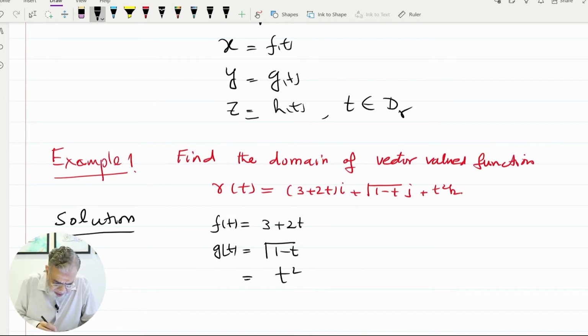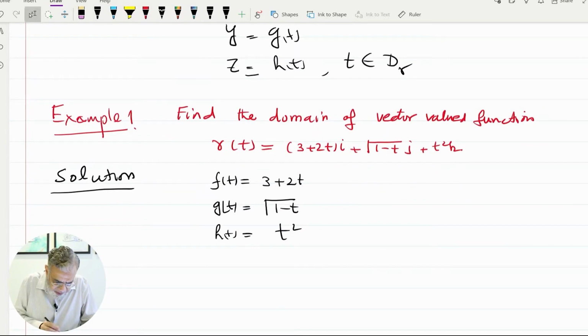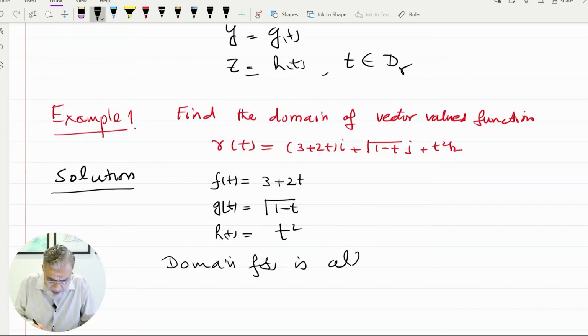So I am going to find the domain of each of them. The domain of the function f of t is all real numbers. Why? Because our function f of t is a polynomial function. So the domain is the real numbers, minus infinity to plus infinity.